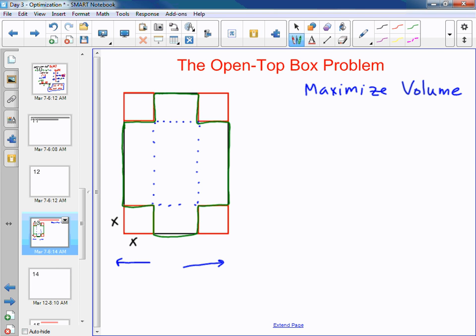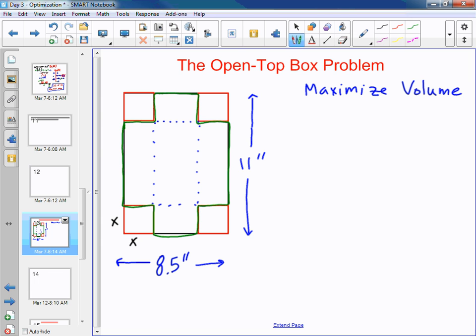How wide was my piece of paper, Scott? Good, so we can label that whole width 8.5 inches. And the paper before the cutting was how tall, Blake? 11 inches. 11 inches, so we can label that.